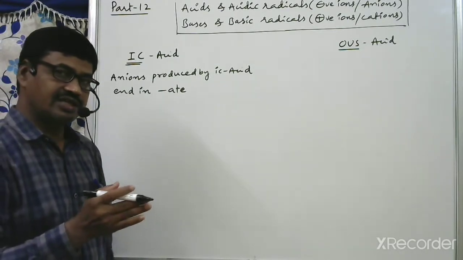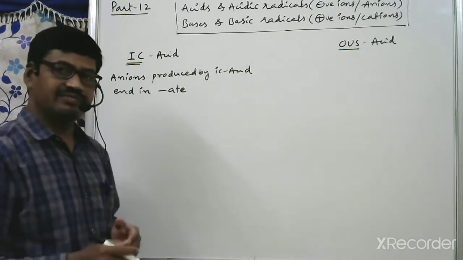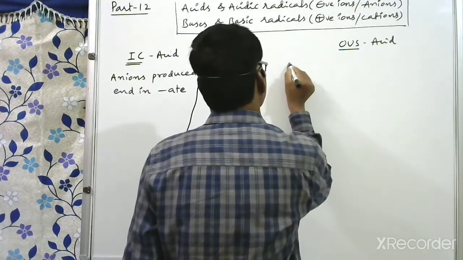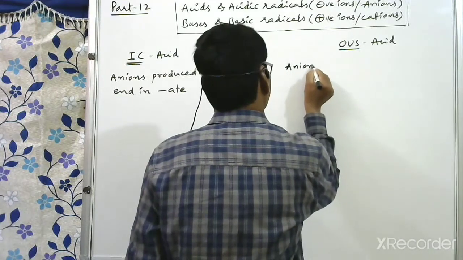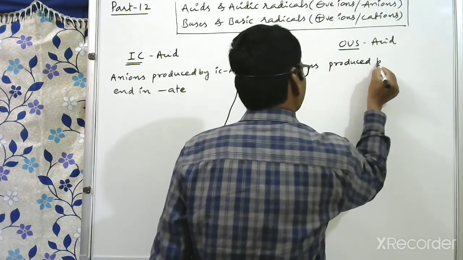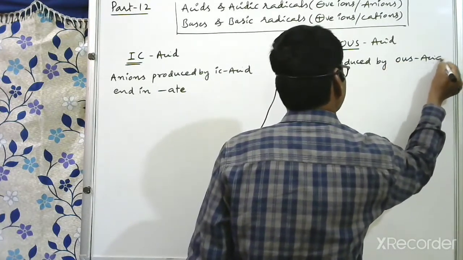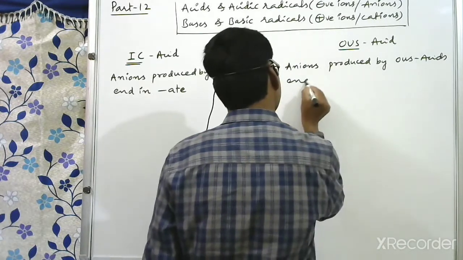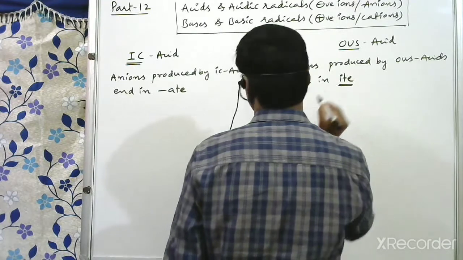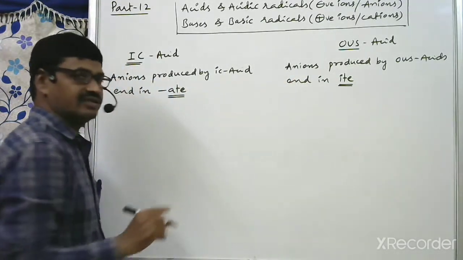The end word, otherwise suffix, is ate. Similarly, anions produced by ous acids end in ite. Here it is ite ion.